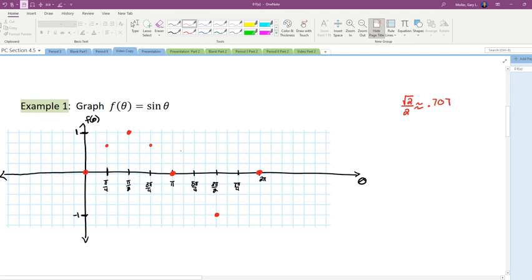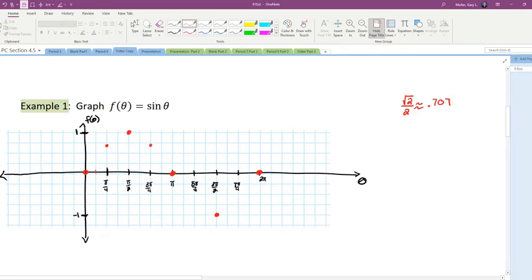And then we know the sine of pi over 6, which is not halfway between 0 and pi over 4. Pi over 6 would not be halfway. This is 45 degrees, so halfway would be pi over 8, about 22 degrees, and we're looking at 30 degrees.